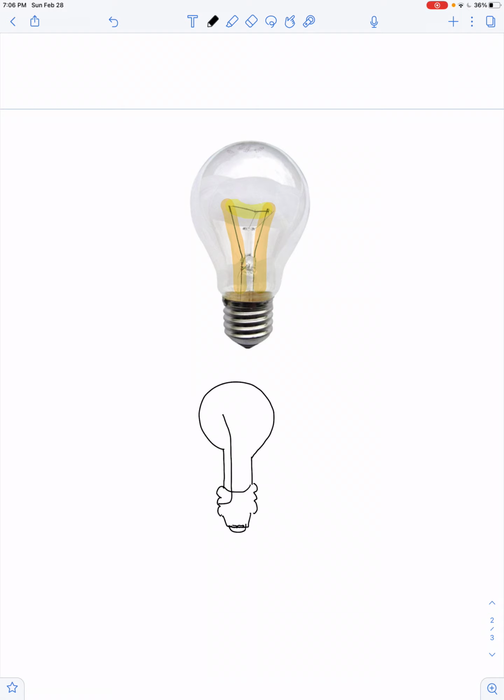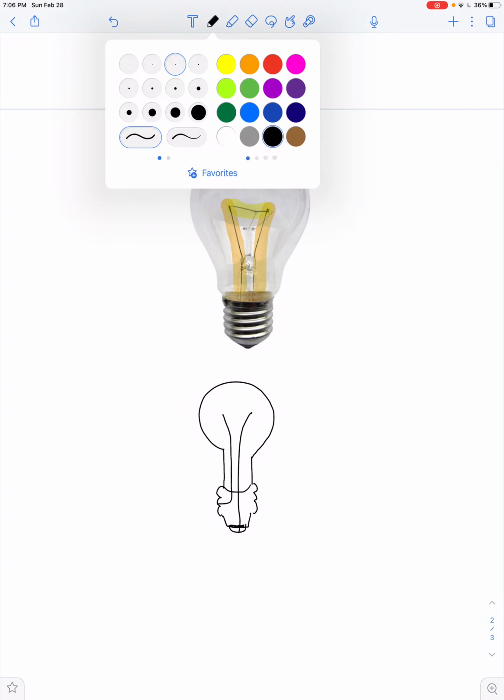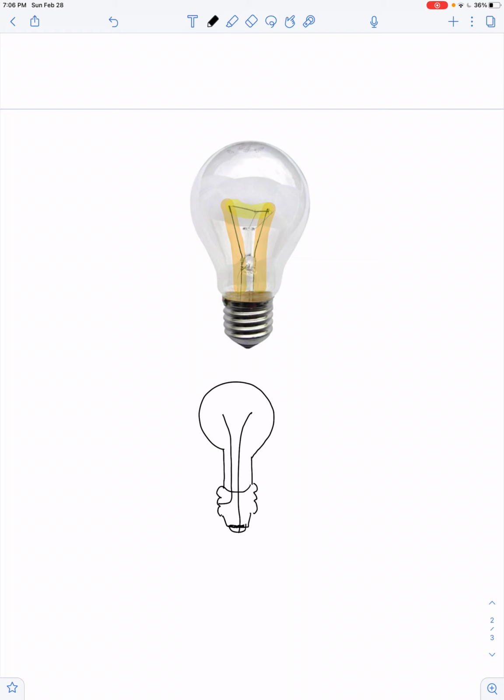And then there's an insulating material right here, and the other post comes off of here. And then the filament is this very thin wire that's often coiled up, so you can fit a lot of length in a short region, and that's where most of the resistance is when a light bulb is placed in an electric circuit.